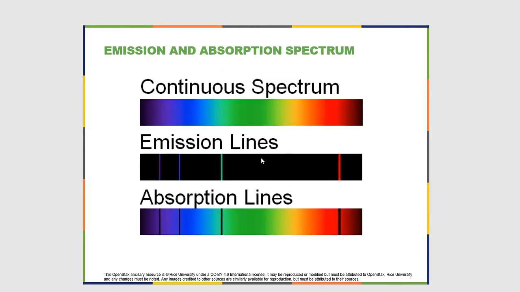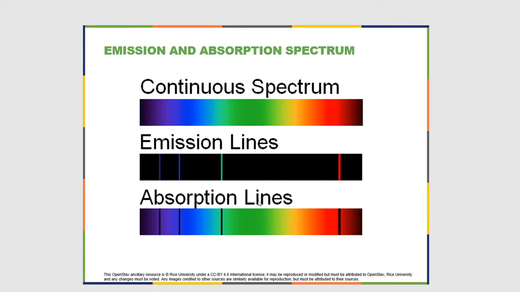So we have here the continuous spectrum. Here is the emission spectrum of hydrogen. If you were to shoot light at hydrogen, you'll have this absorption spectrum. And notice the difference. The emission is the specific colors of light, wavelengths of light, with the specific transitions that occur in hydrogen.